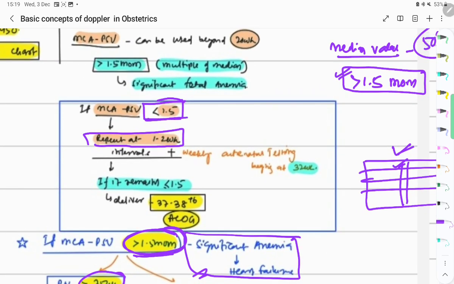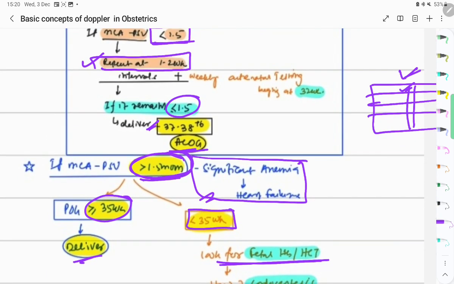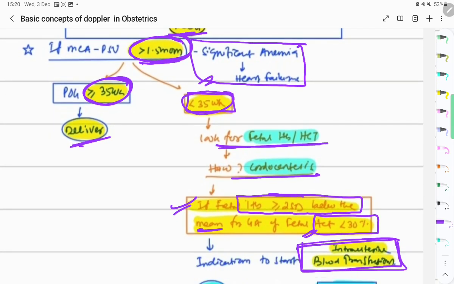If it is less than 1.5 MOM, we will repeat it every 1 to 2 weeks, and if it remains less than 1.5 MOM, we will deliver by 37 to 38 plus 6 weeks according to SOGC. If it is more than 1.5 MOM, for more than 35 weeks we will deliver the patient, and for less than 35 weeks we will plan for intrauterine transfusion according to fetal hemoglobin or hematocrit.